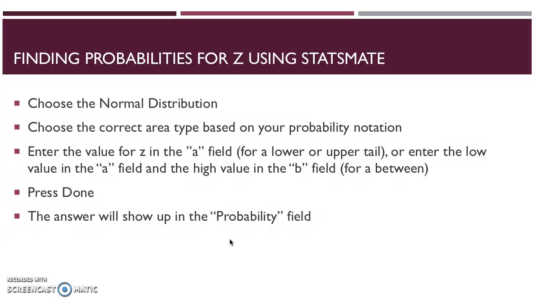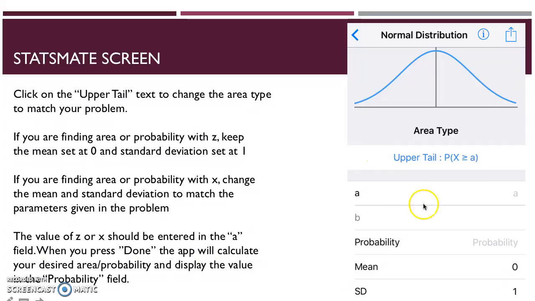Whatever value you have for z, for instance, if I go back to the last slide, one of the z values was negative 0.34, I will put that in the A field. And then since it was a between, I would put the 1.28 in the B field and press done. The answer will show up in probability. I took a screenshot of what you would see in the app.